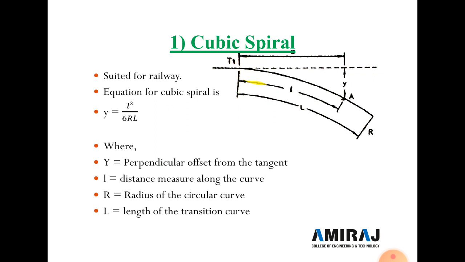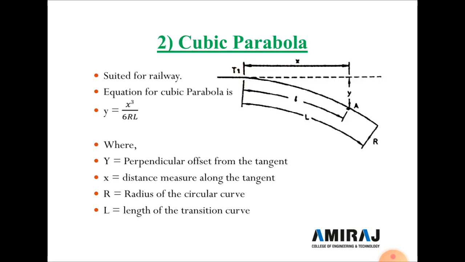So see, this l value is the distance measured along the curve, and R is the radius of curvature of this curve, the radius from the center point, and L is the length of the transition curve. So this value from the starting to the end point is the length of the transition curve. Here small l shows the point from the tangent to the curvature point.